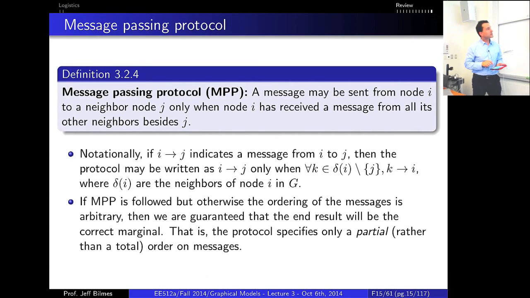And so the last thing we did, this is still review, believe it or not, is we defined this protocol, which is that a message may be sent from a vertex i to its neighbor j only when the node i has received a message from all its other neighbors besides j. Okay. And here's the notation for that. i may be sent to j only if, for all k in the neighbors of i except for j, k has been sent to i already.